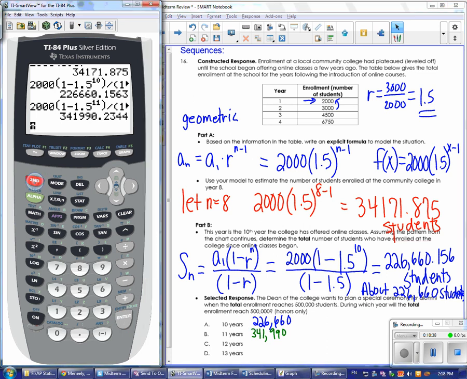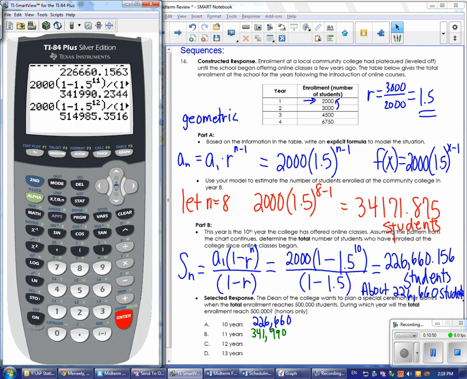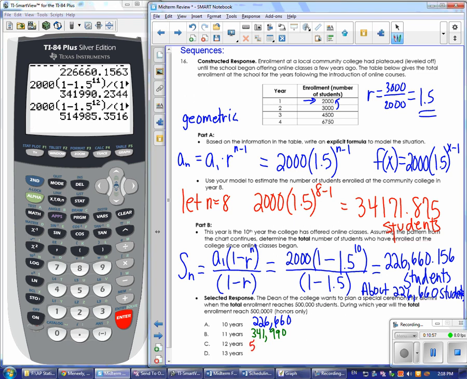I'm going to hit second enter, and scroll back until that 11 is highlighted, and change that to a 12. And now I can see that by the 12th year, we've actually surpassed the 500,000 mark. So we're at, whoops, I wrote that wrong.